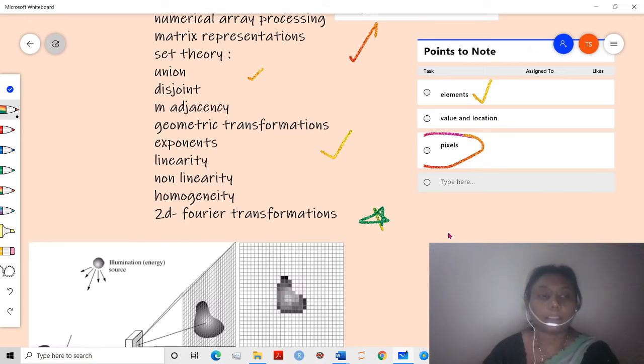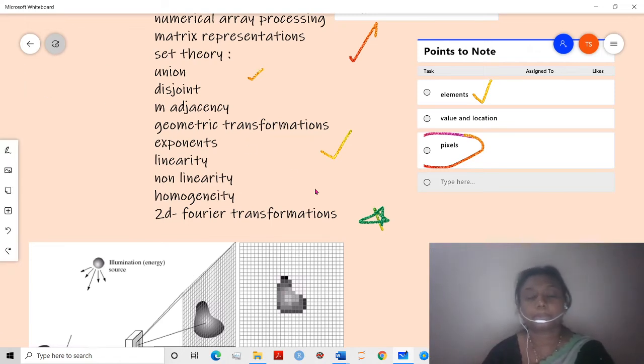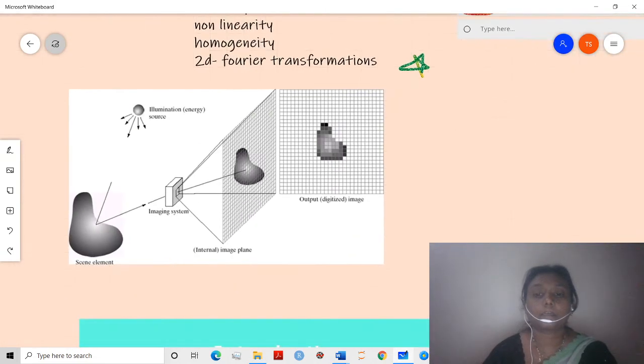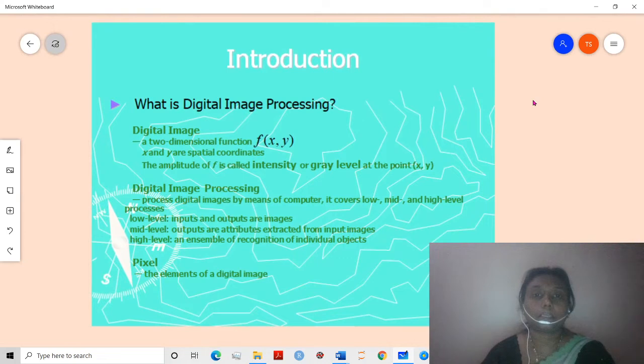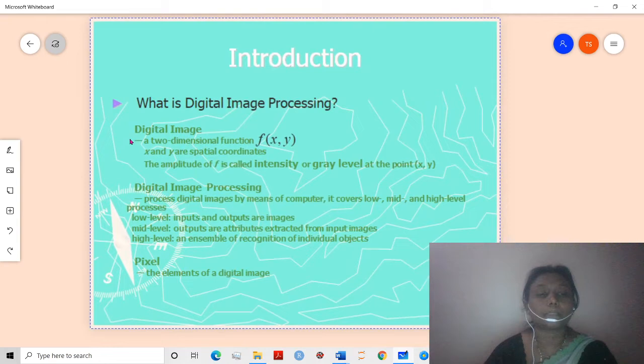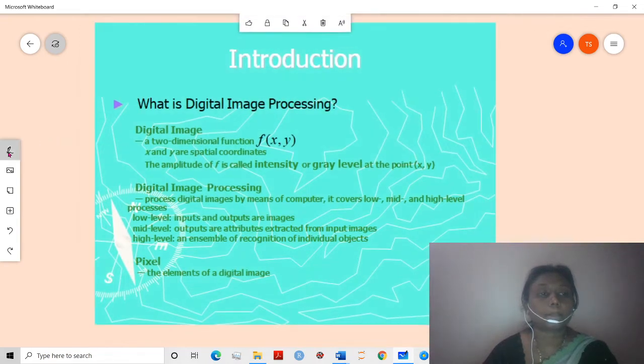Okay, then coming to the definition of digital image processing. Now, coming to the digital image definition, the digital image is a two-dimensional function.